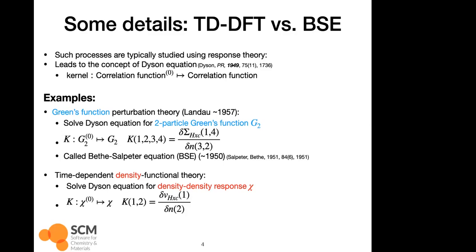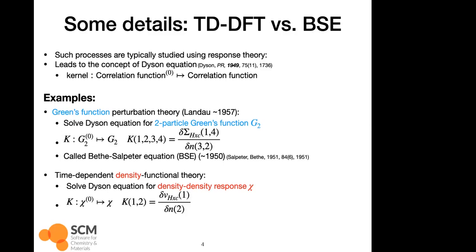And this equation basically takes as an input a non-interacting two-particle Green's function, let's say a non-interacting particle and non-interacting hole, and turns it into an ensemble of interacting particle-hole pairs. That's called the Bethe-Salpeter equation. That's pretty similar to TDDFT. So in TDDFT, we also have a Dyson equation, but there we only look at the density-density response. And the density-density response is easier to solve for than the two-particle Green's function, because it only depends on 2 variables.